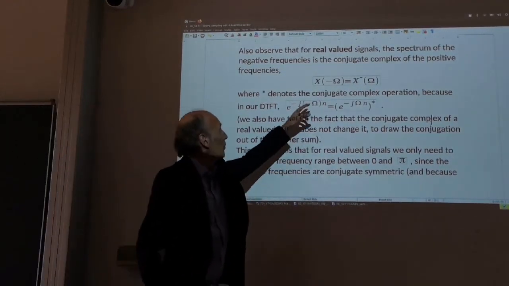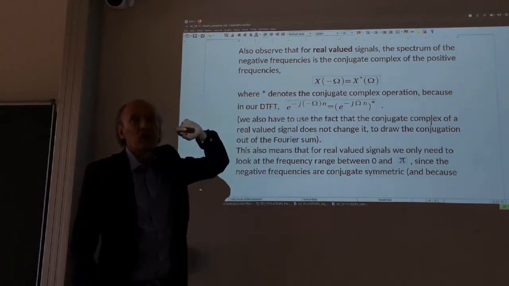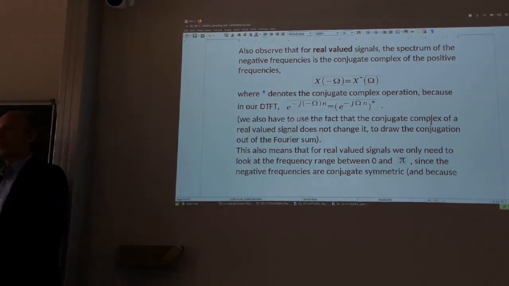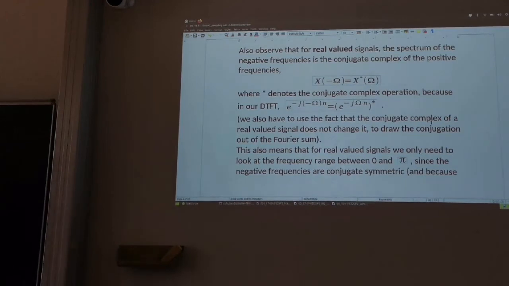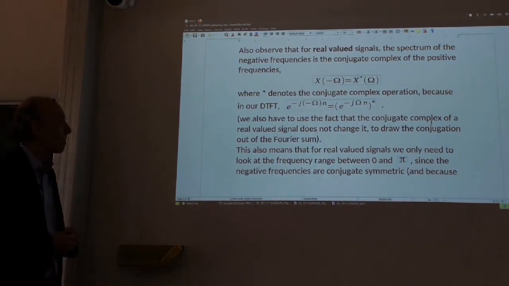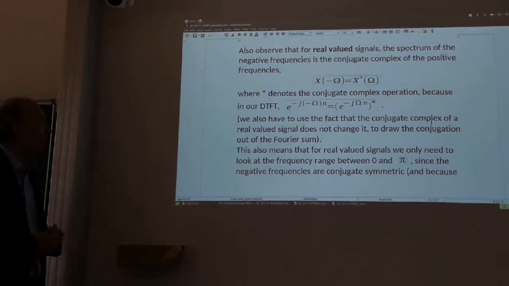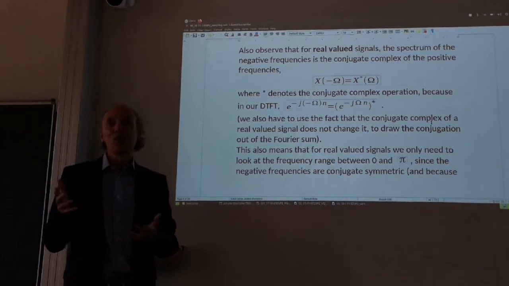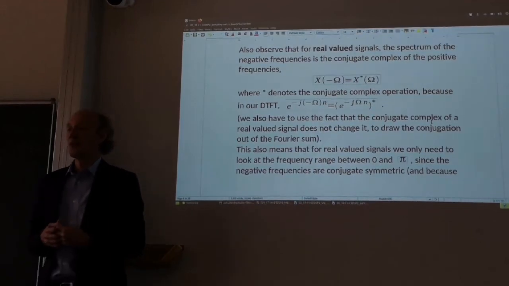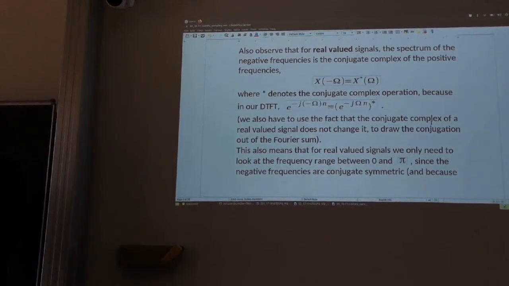So this only holds true if we have real-valued signals, but most of the time we have real-valued signals like audio signals; image or video is all real-valued. But sometimes you also have complex valued signals, for instance, in communications.